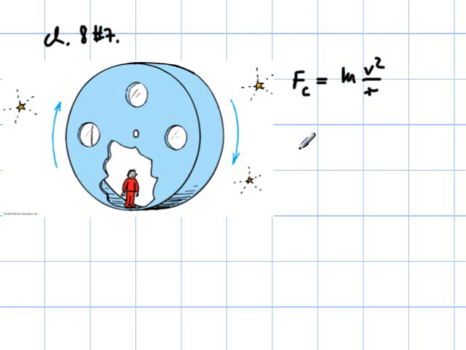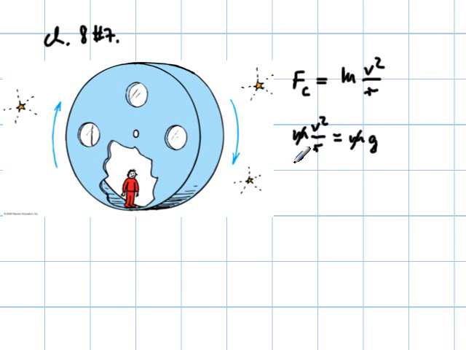And now they're saying, well, what if we equate that with his normal weight? If he was under the influence of gravity, that would be mg, and the v squared over r is the g, with the mass being inconsequential as far as the acceleration is concerned.